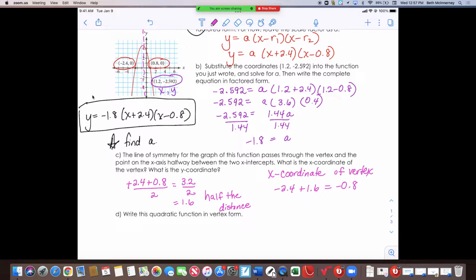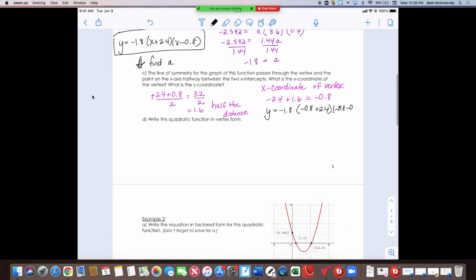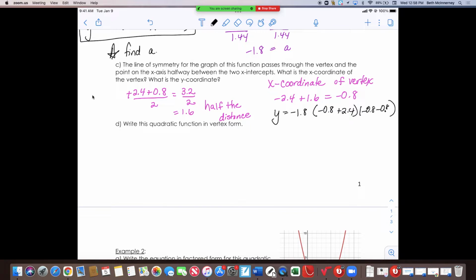Now, let me show you how we're going to find its y-coordinate. I have an equation in my black box. And if I go there, I know the x-coordinate of my vertex, and so I can plug in negative 0.8.